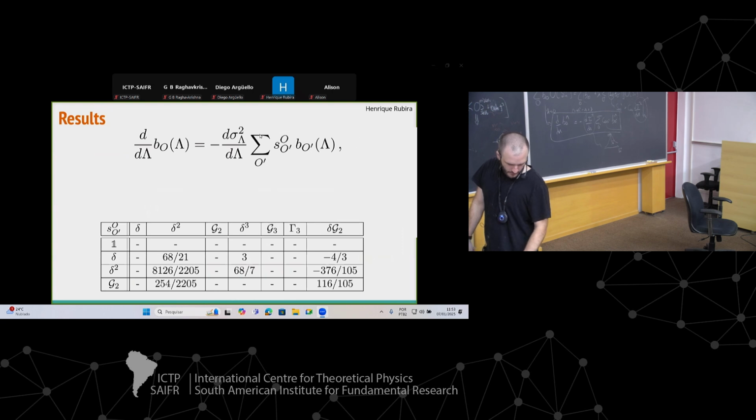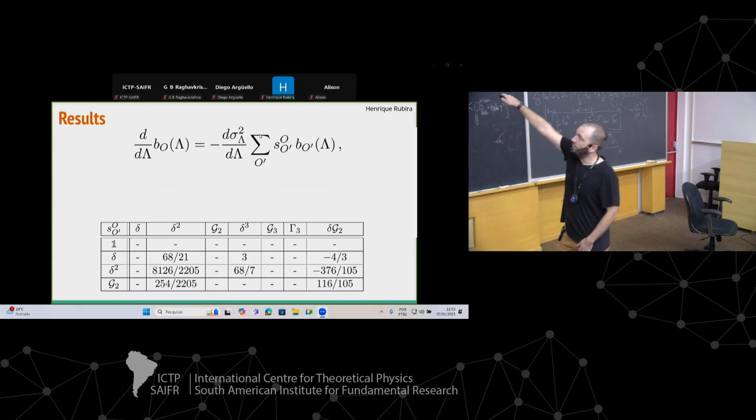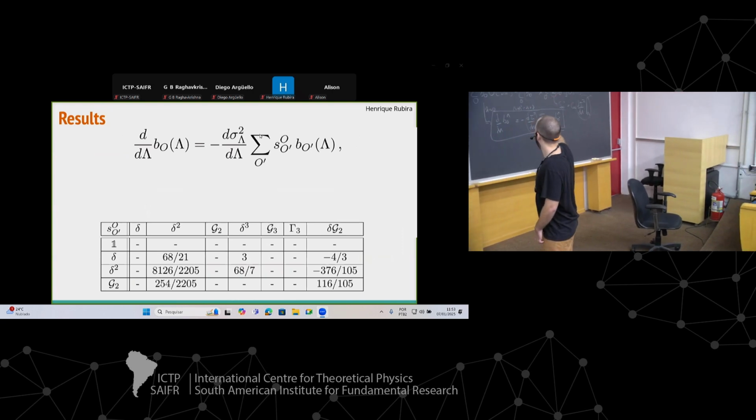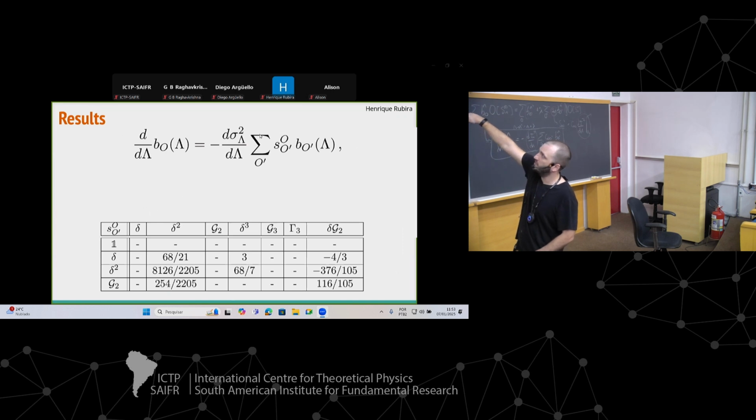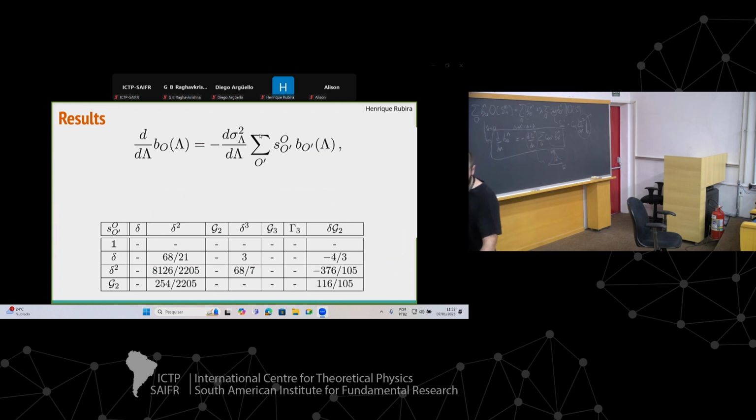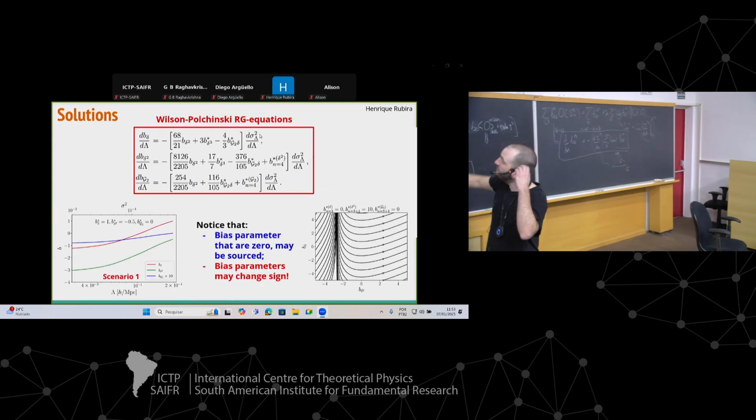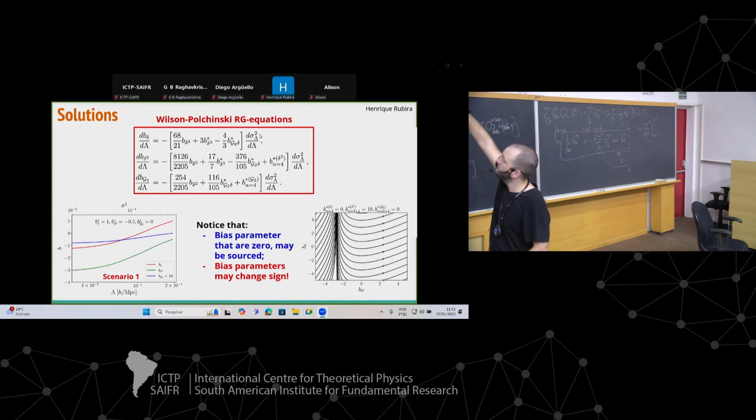So these S coefficients here, or C coefficients in this notation, are basically just numbers you can put in a table. You put those numbers in a table and you find which parameters here source which type of operators there. And then you have some equations. As Rogério pointed out, the equations, for instance, for delta, they involve B delta square.